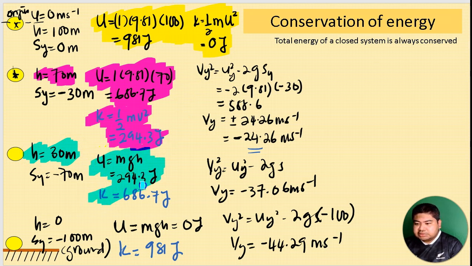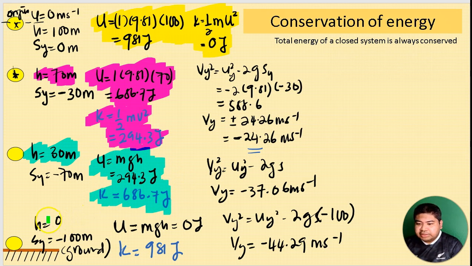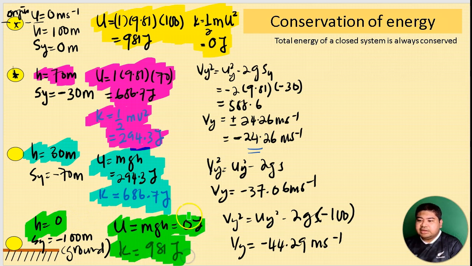This is the potential energy and this is the kinetic energy. And then using green, green is for the height of 0 meters. So the potential energy goes to 0, and the kinetic energy is 981 joules. Let me just highlight the height here.